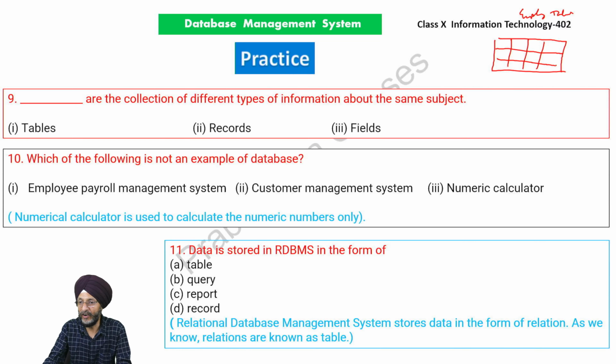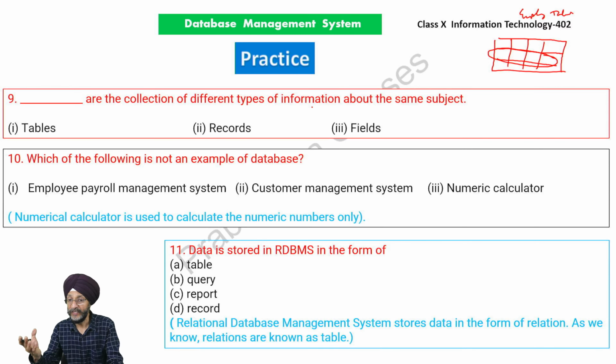This is a record, which we enter in a particular row. Different type of information about the same subject. It may be one particular employee. Different type of information may be what is his ID, what is his name, where he lives, what is his salary. So the answer is: different type of information about the same subject is records.